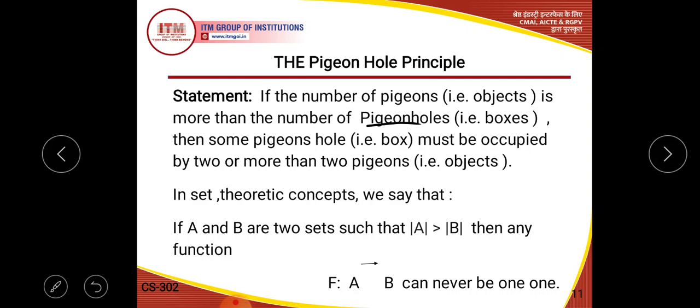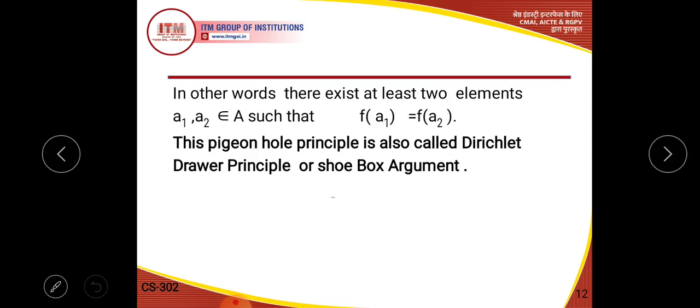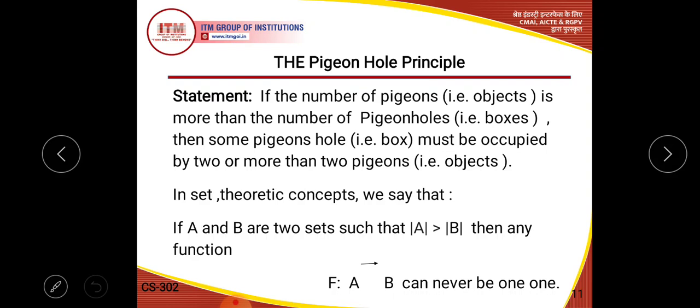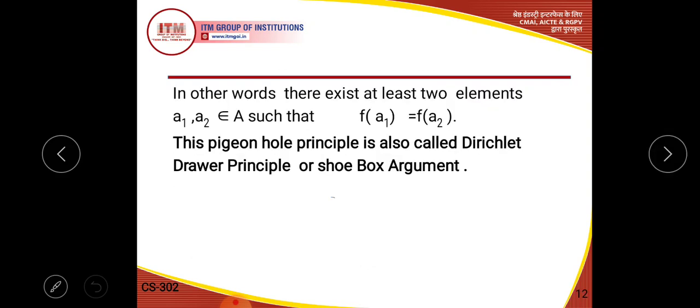Because we know about one-one functions, every element of A is related to a unique element in the set B. But according to this situation, the number of elements in set A is more than the number of elements in set B.